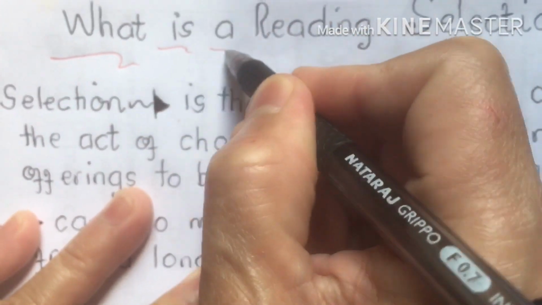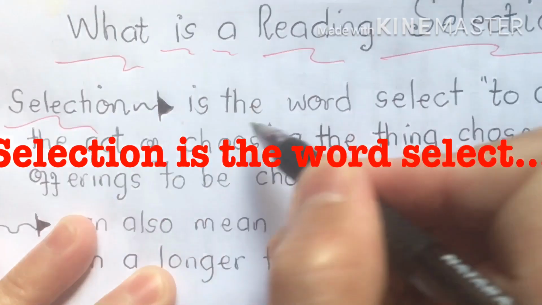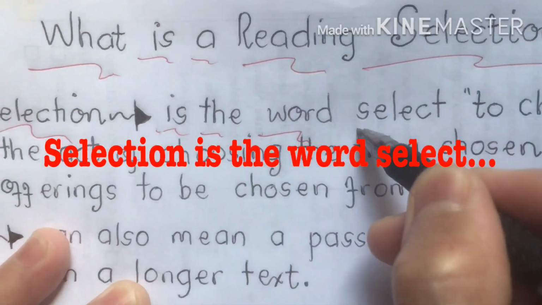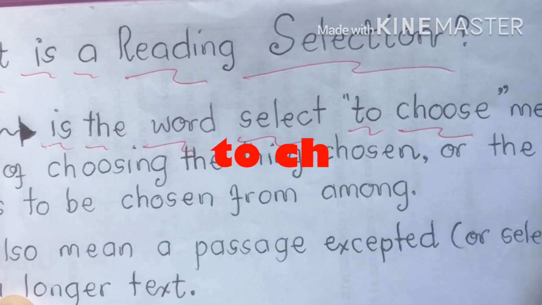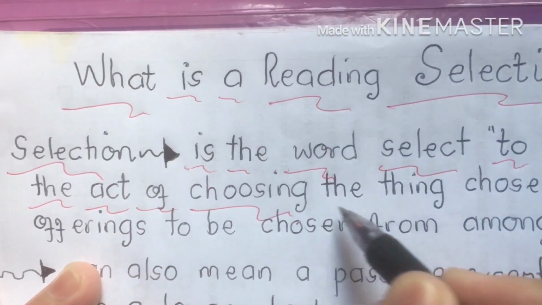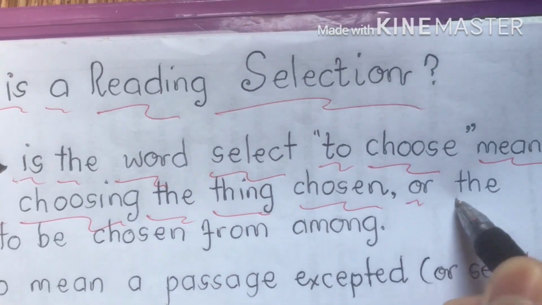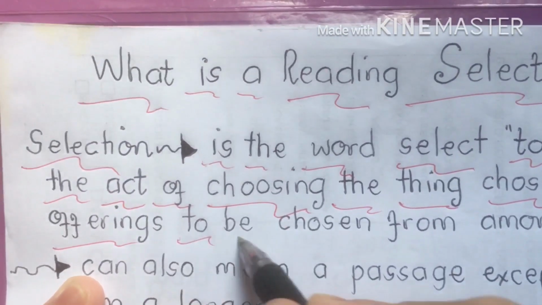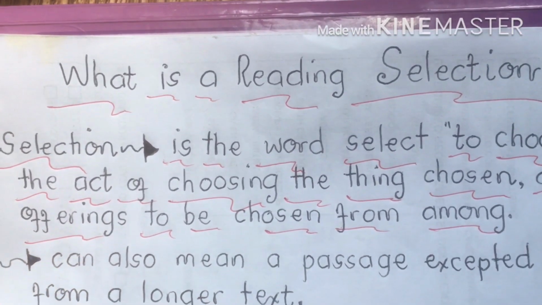What is a reading selection? Selection comes from the word select, meaning to choose. It means the act of choosing, the thing chosen, or the offerings to be chosen from among the choices you have.